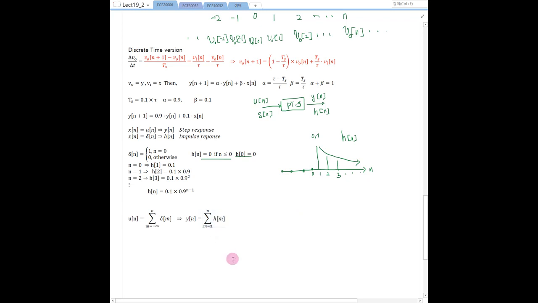We have the summation from minus infinity to n, to preserve the relationship between delta and the unit step given by this equation. So we have the summation from minus infinity to n of hn, but hn is 0 all the way if n is less than 1, so we can choose from this relationship. There's no such difference.